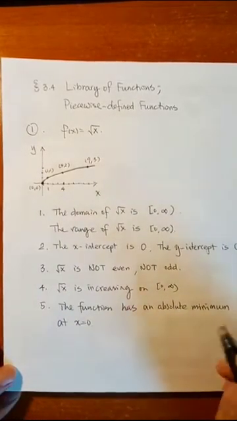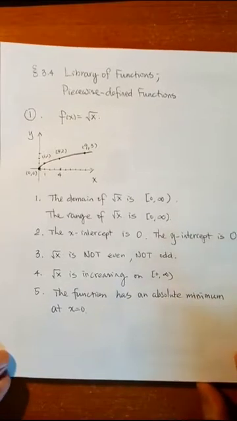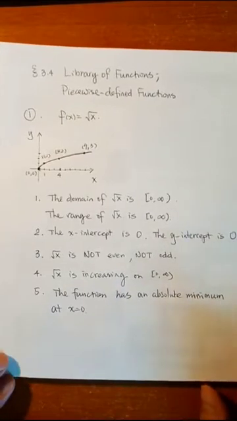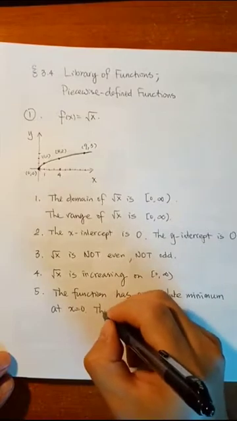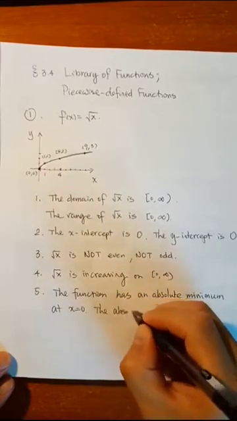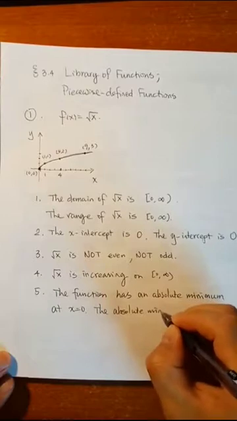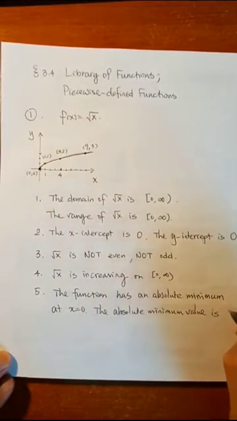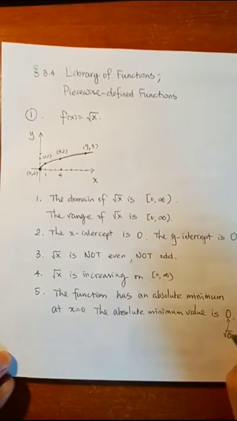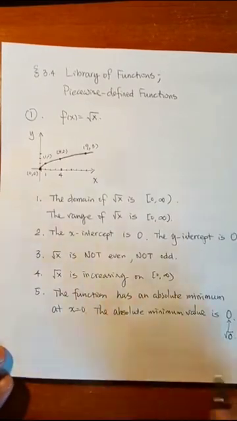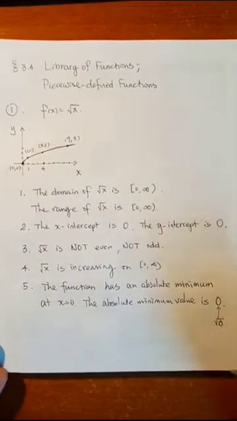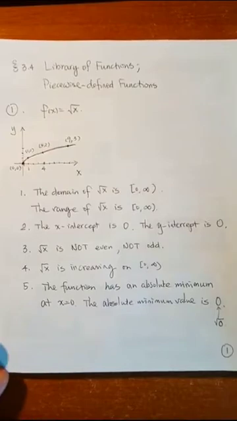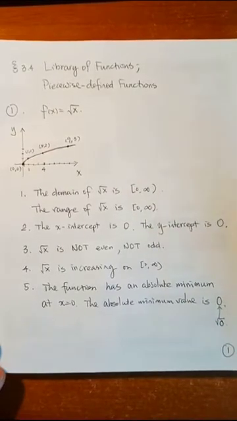It occurs at 0, and the value is also 0. This is f of 0. This is actually equal to square root of 0. Here is x value. This is about y value.